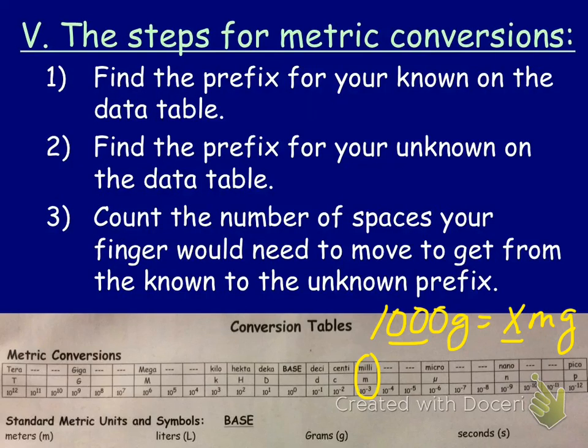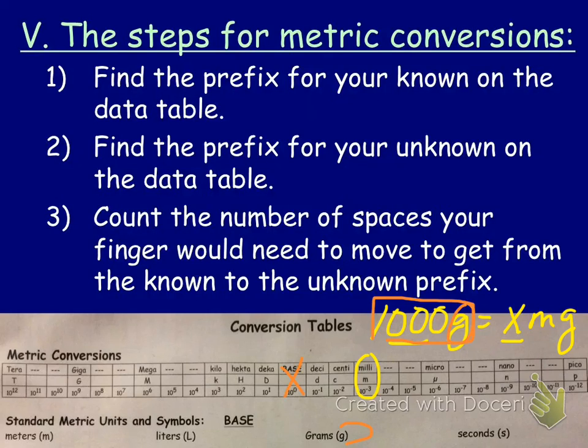The first thing we're going to do is find the prefix for our known on the data table. And our known is the number that we know how many we have of, so 1,000 grams. Grams is what we're going to look up on the conversion table, and grams is actually a base unit.